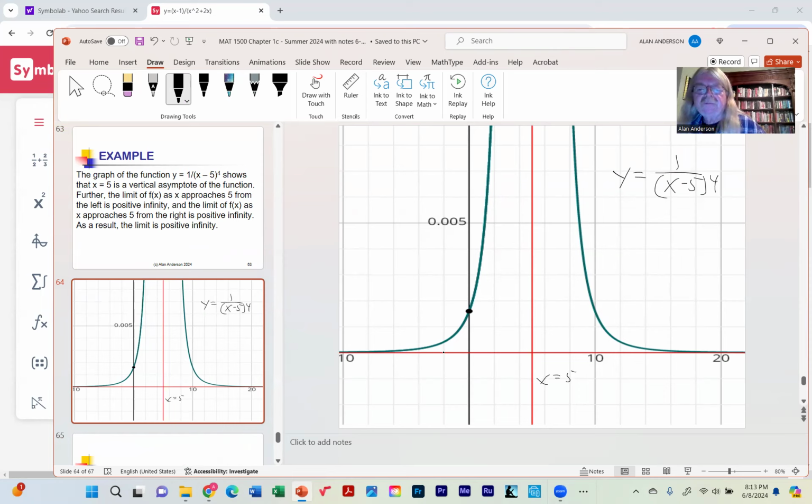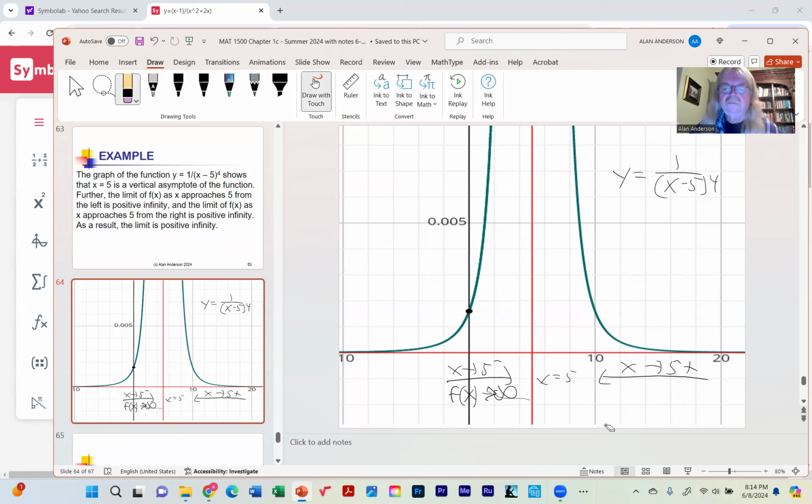So as we approach from the left and from the right, we're going to get the function converging to infinity. And so whenever it has this form, x minus some constant or other, as we approach that constant, we're going to end up with infinity as our limit.